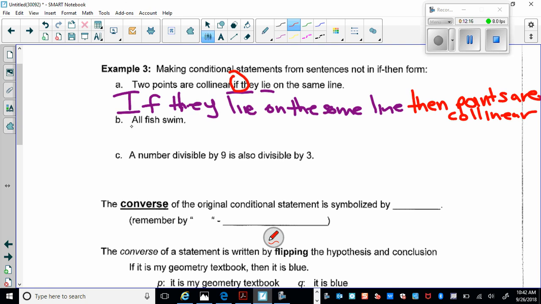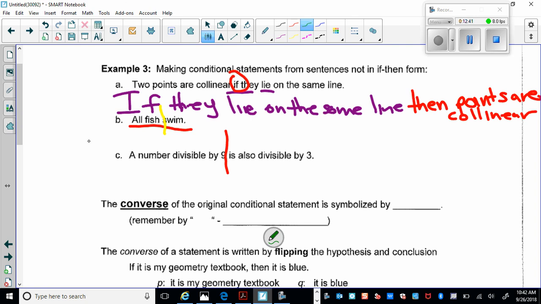But when it comes to this kind of statement, all fish swim, this is kind of easy. A number divisible by 9, that is one part of the statement, is also divisible by 3. So you can break it down this way. But here it's kind of hard to break it down, right? All fish swim, but the fish part and the swim part can be separated.